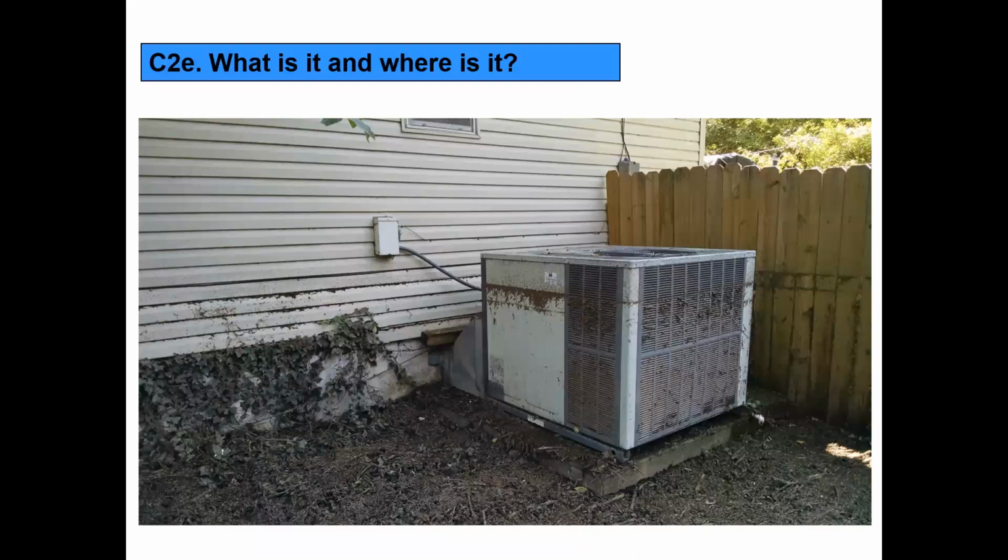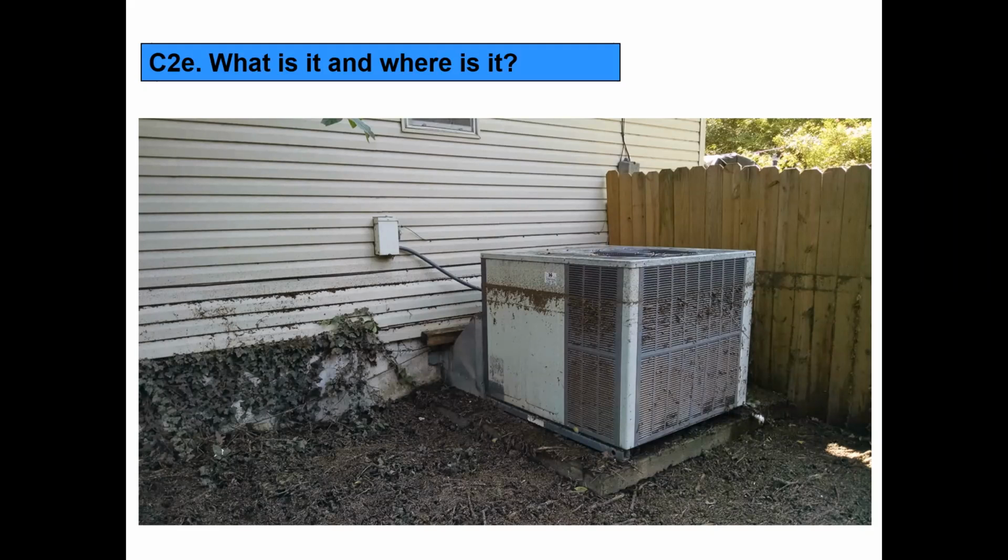And then C2E, so we've talked about compliance with this section. Most of our concern here is with compliance. So the lowest machinery and equipment that services the structure. This is a slab on grade, and you can see the structure is elevated, but the HVAC unit has been left on the ground.